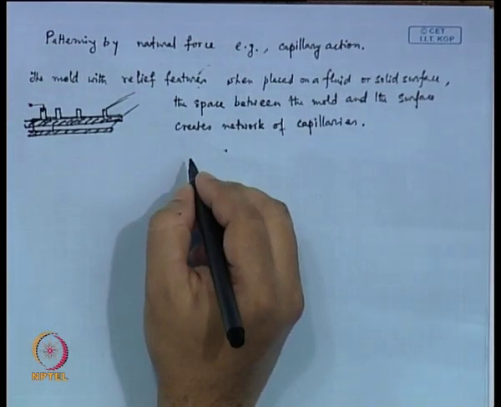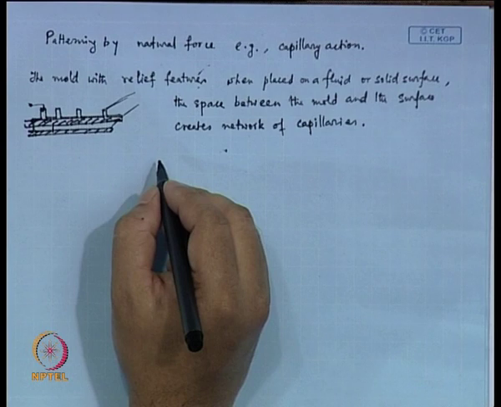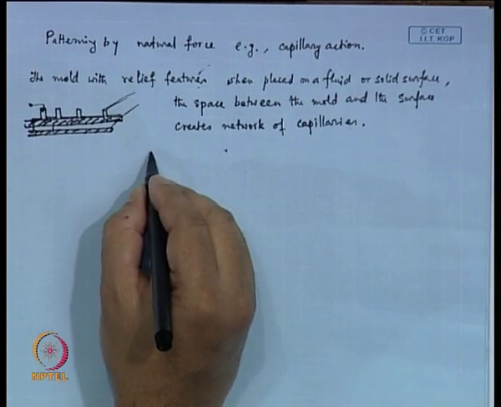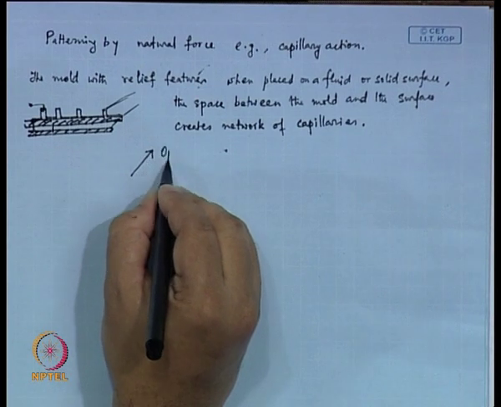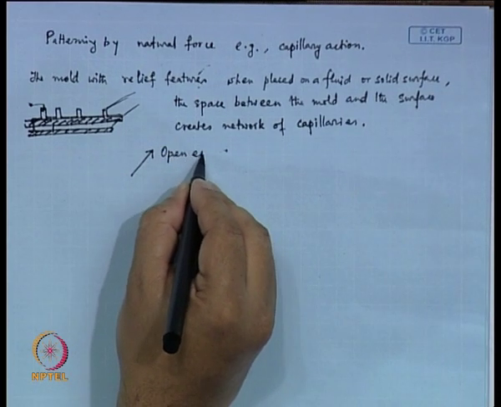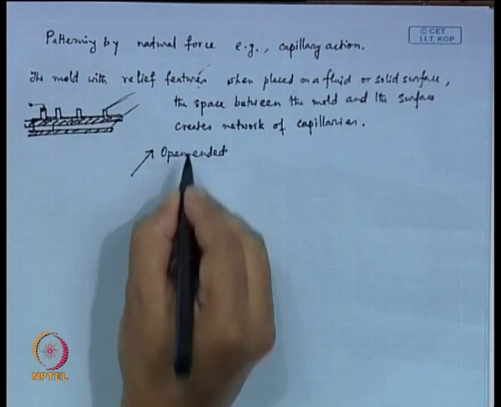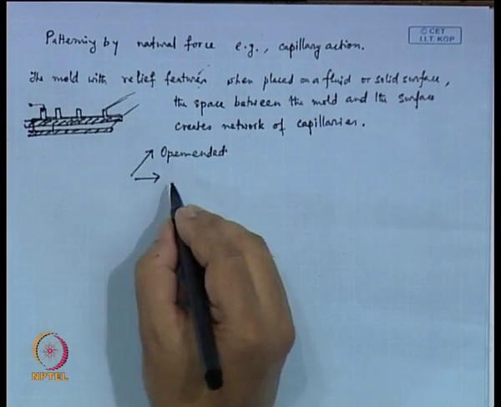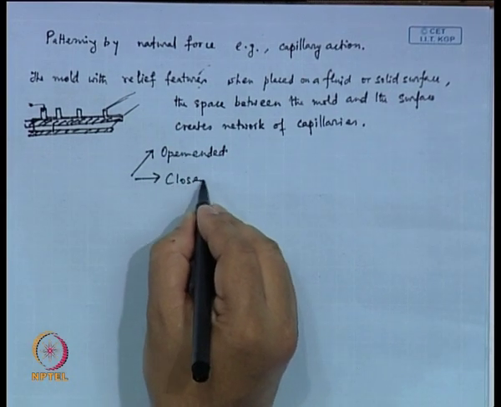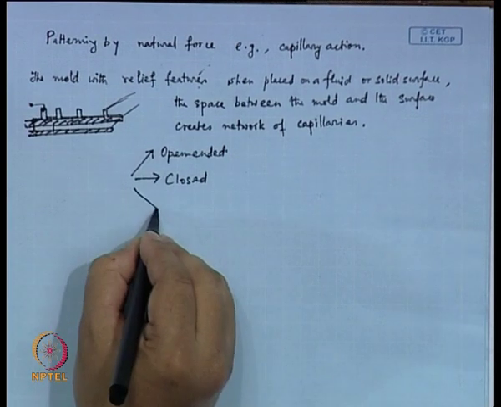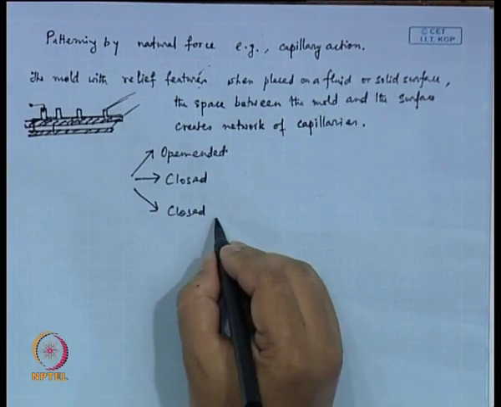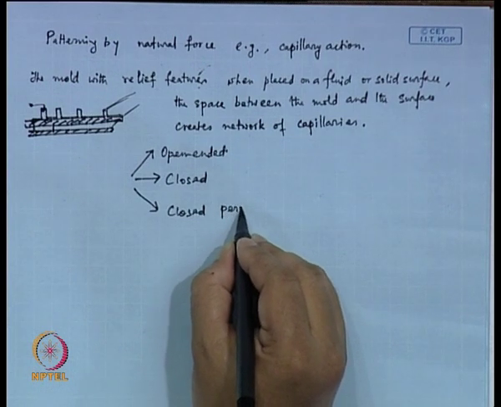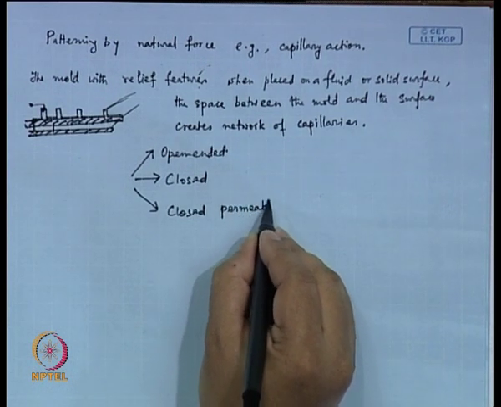Now, for this network of capillaries, there are three possibilities. One is open ended, the second possibility is closed, and the third possibility is closed permeable. I mean, closed, though it is permeable.